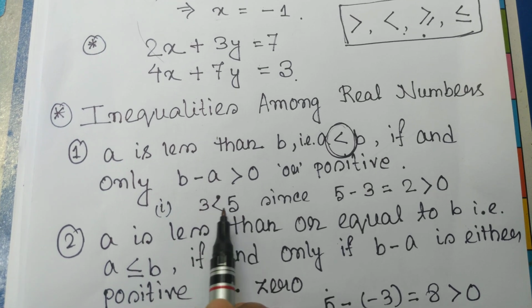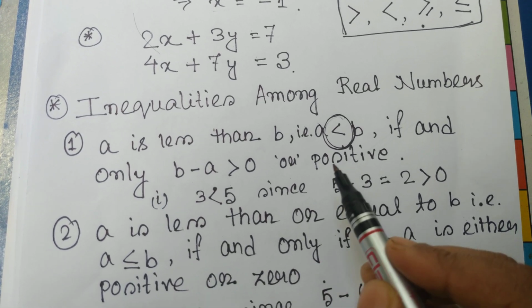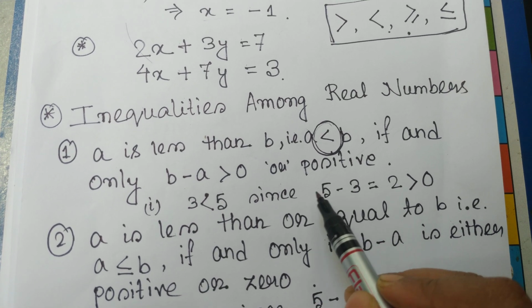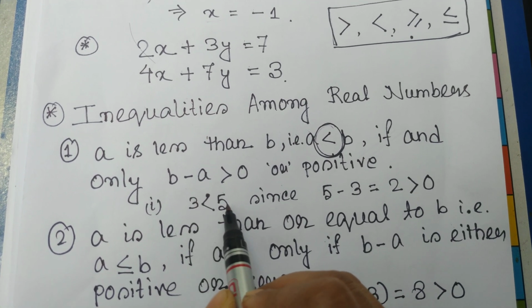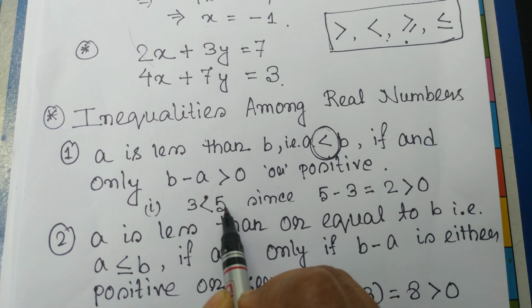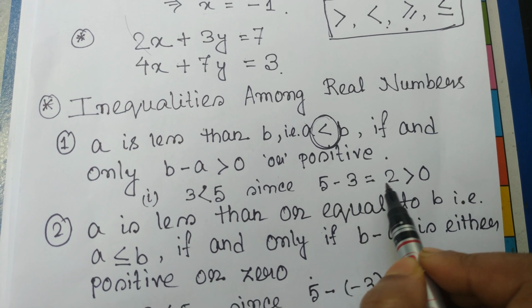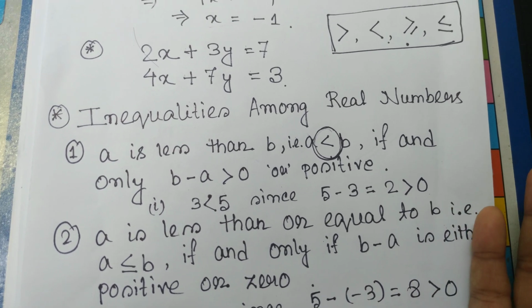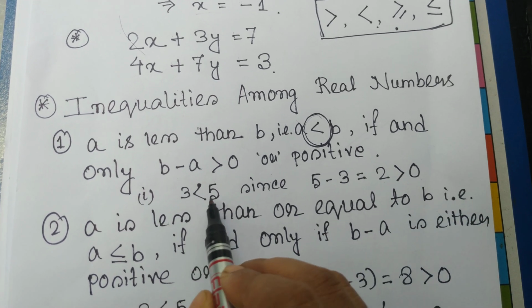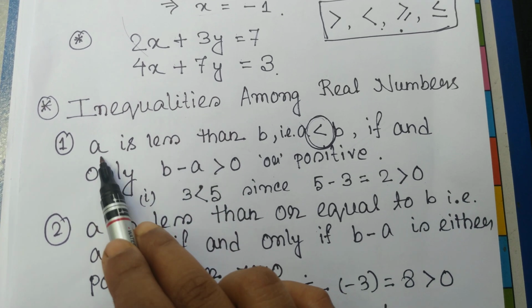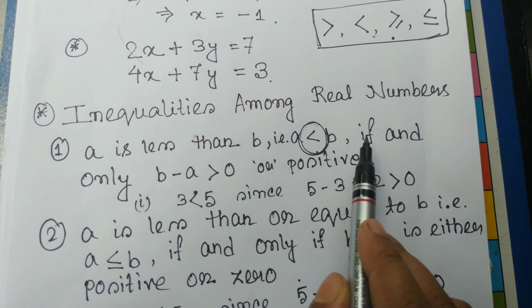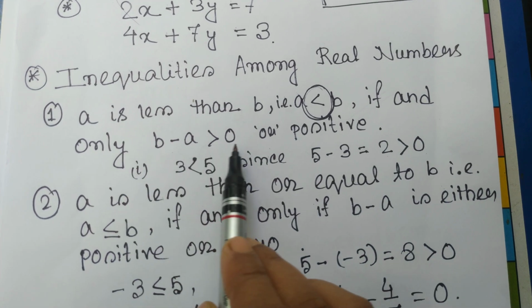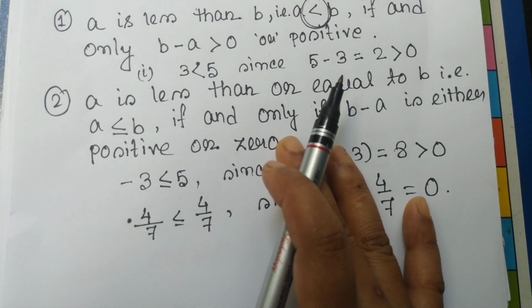When I say 3 is less than 5, why am I saying that? Because 5 minus 3 is equal to 2, which is greater than 0, that means positive. That is why 3 is less than 5. So a is less than b if and only if b minus a is greater than 0, or positive.